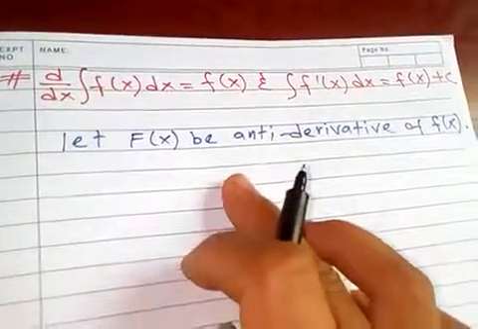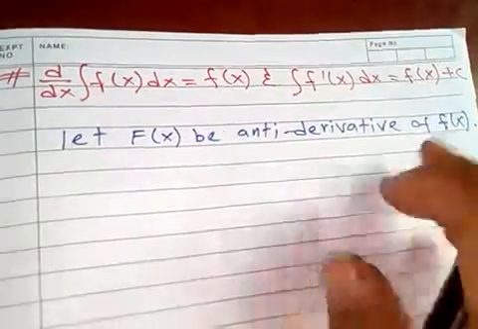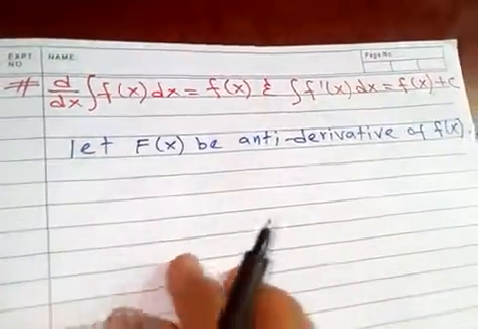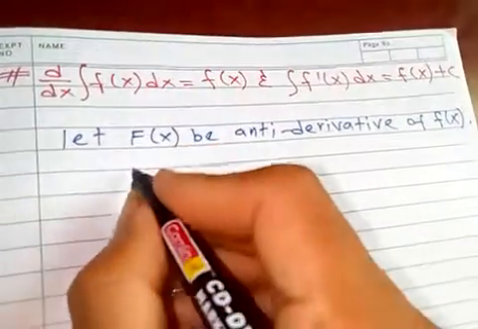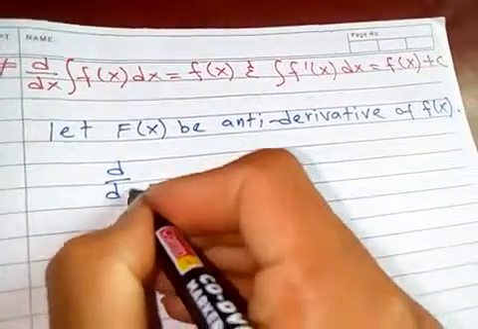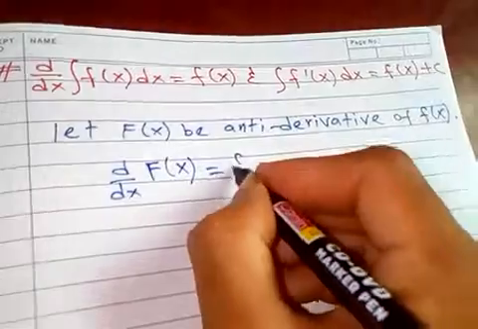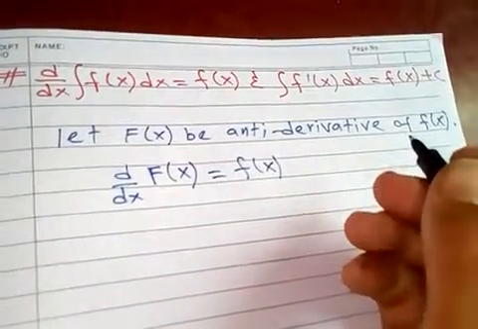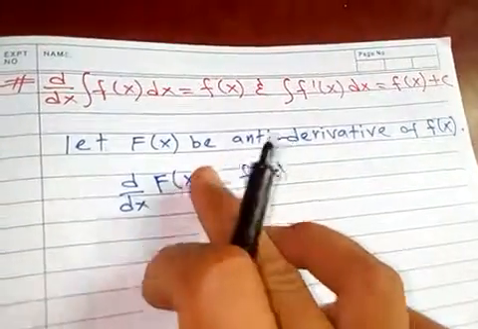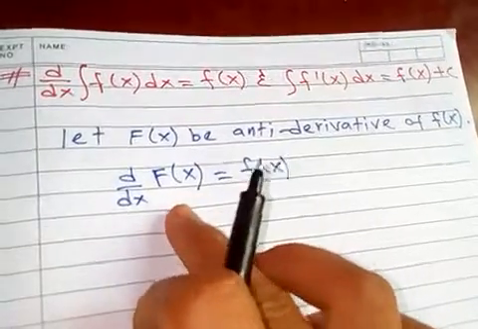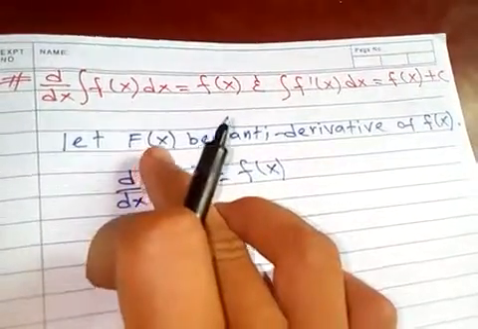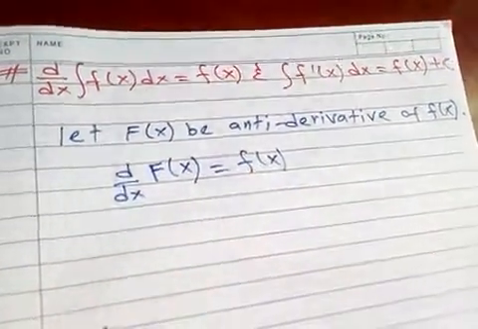Now if I take the derivative of capital F of x, I will get f of x, because capital F of x is the antiderivative, so if you take the derivative, you will get this.